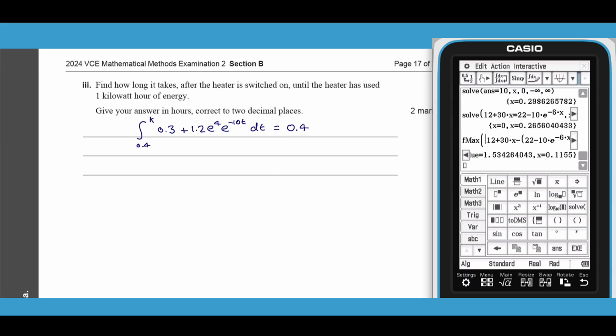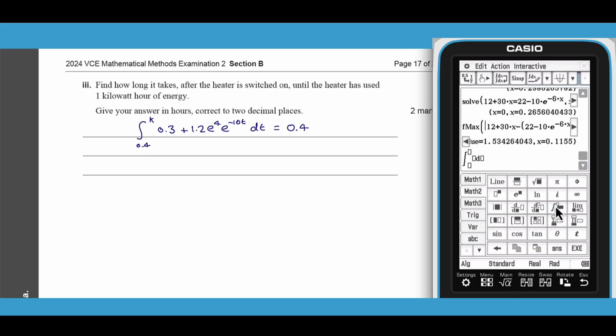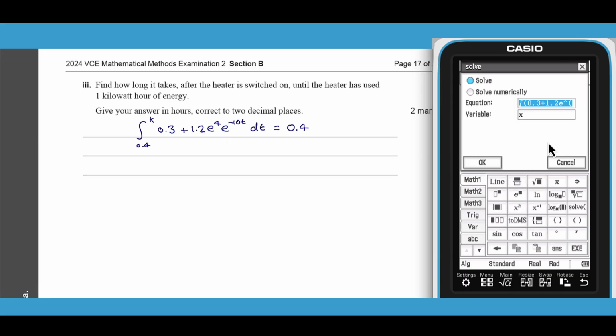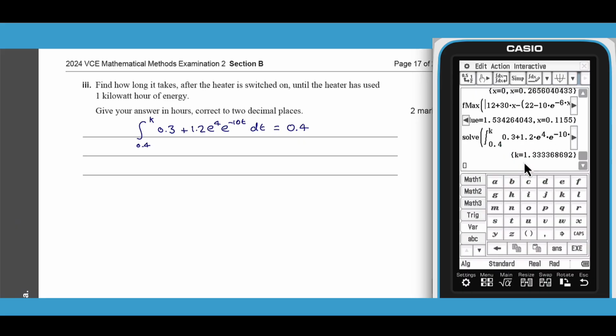This definite integral equation can be solved on our ClassPad, giving a value of k equals 1.33 hours to 2 decimal places.